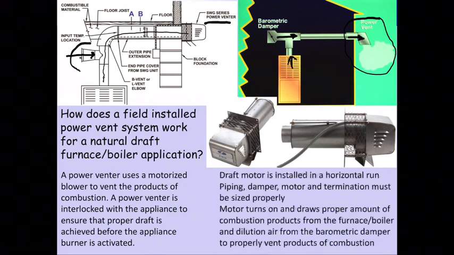Your draft motor, we would install it either, in this case we're showing it as a horizontal run, but they do make them where they will be in a vertical run. Your piping, your damper, your motor, termination must all be sized properly. I've even seen these used in applications where they will undersize the vent system to save money, and they'll use this little power venter.